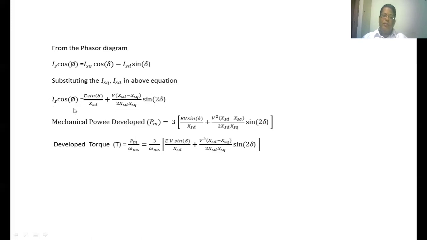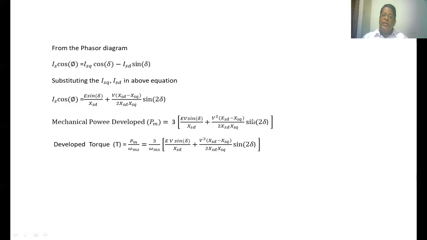Now we multiply this equation throughout by V and 3. Then it gives the mechanical power developed in the motor, Pm equal to 3 into EV sin delta by XSD plus V square XSD minus XSQ by 2 XSD XSQ into sin 2 delta.